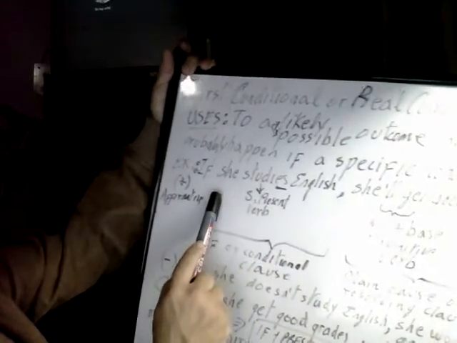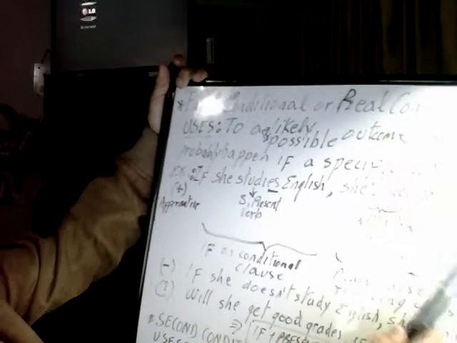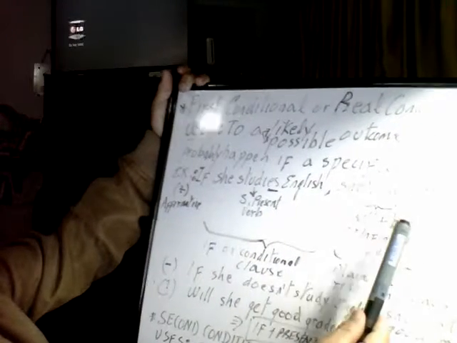In the if clause you find the simple present verb. Notice that you can change the order and start with the second clause. You can say, she'll get good grades if she studies English, and it won't affect the meaning.